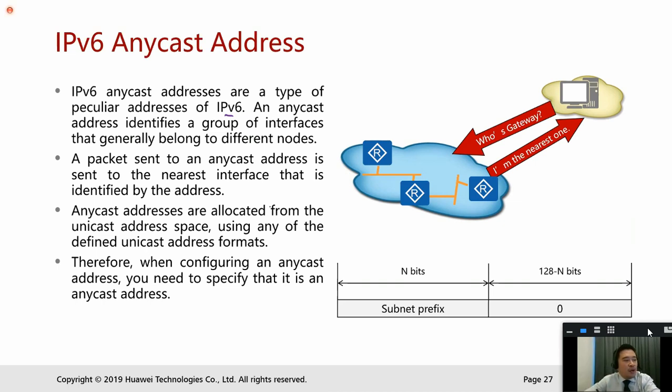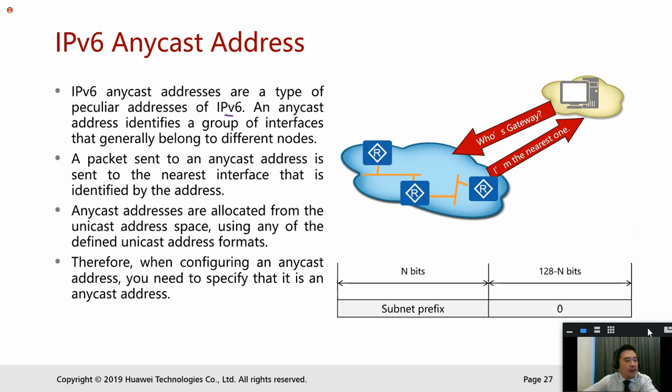Anycast addresses are allocated from the unicast address space, using any of the defined unicast address formats. Anything that is a unicast address can act as an anycast address. They do not have a specific format for IPv6 anycast. You can use any unicast address to become your IPv6 anycast, as long as your protocol supports it.